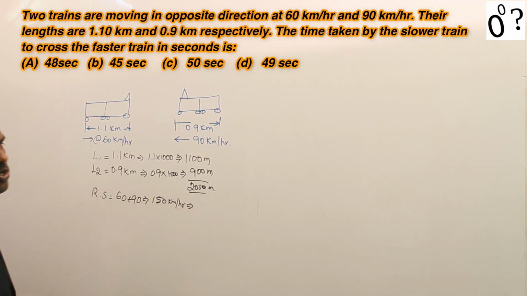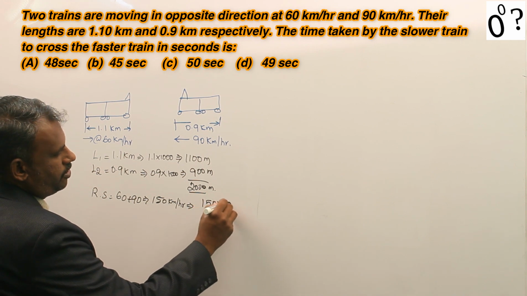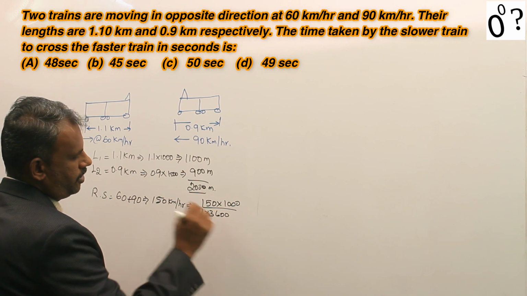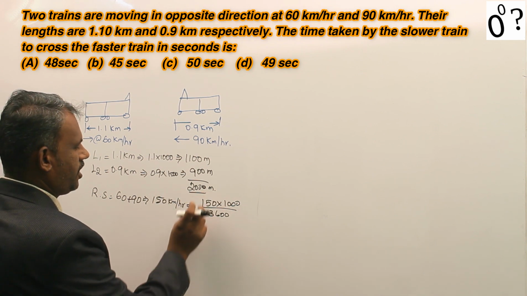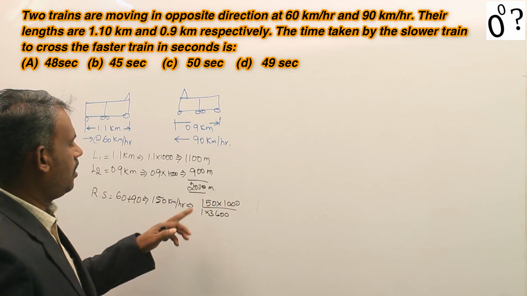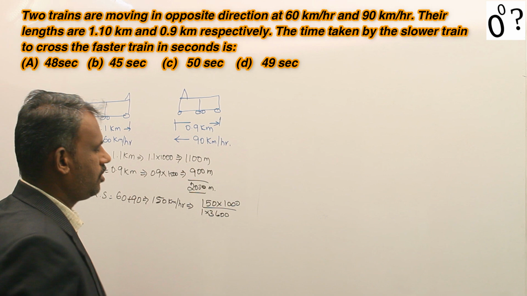If we convert this kilometer per hour into meter per second, we have to multiply by 1000 and divide by 3600. This is the 150 kilometer, and per hour means 1 hour. So if we convert kilometer into meter, we multiply by 1000, and 1 hour is equal to 3600 seconds.